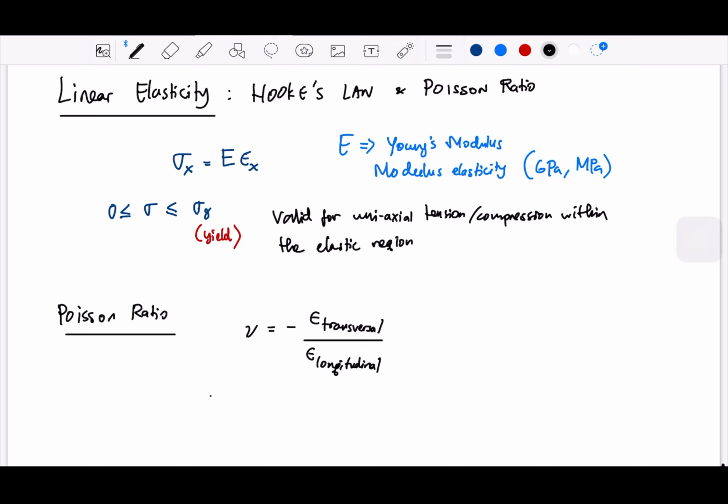Or we write strain transversal, and minus strain longitudinal. Or let me just write it as long and trans.